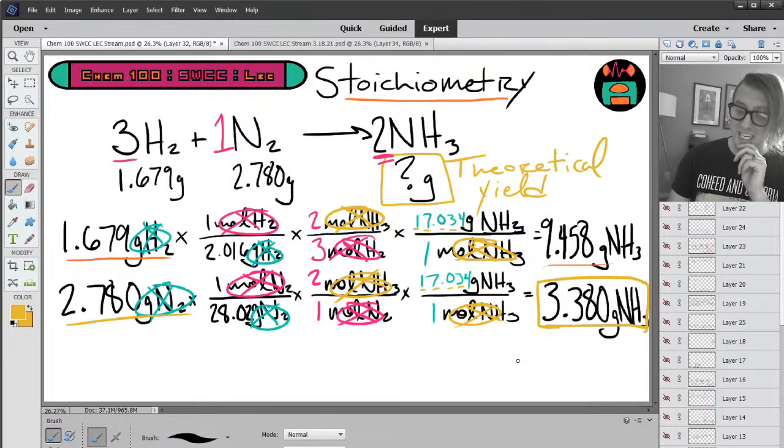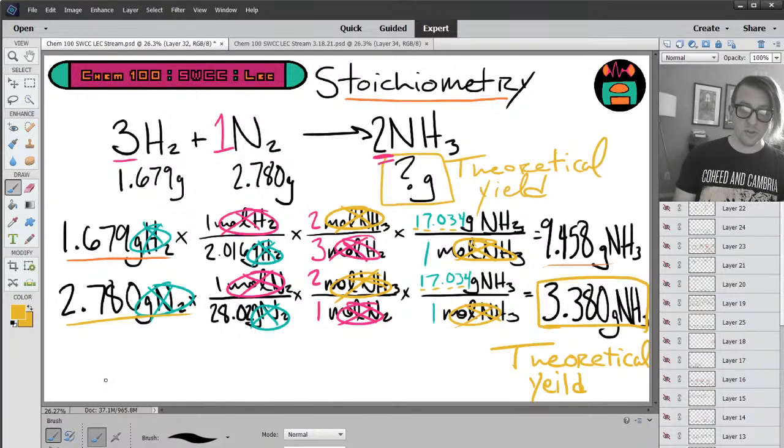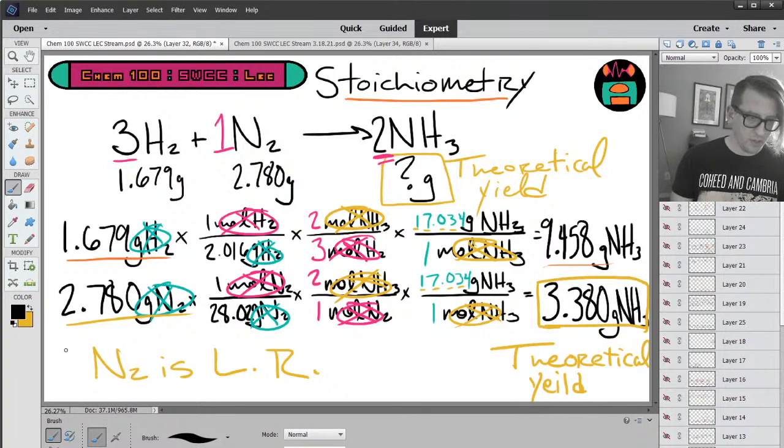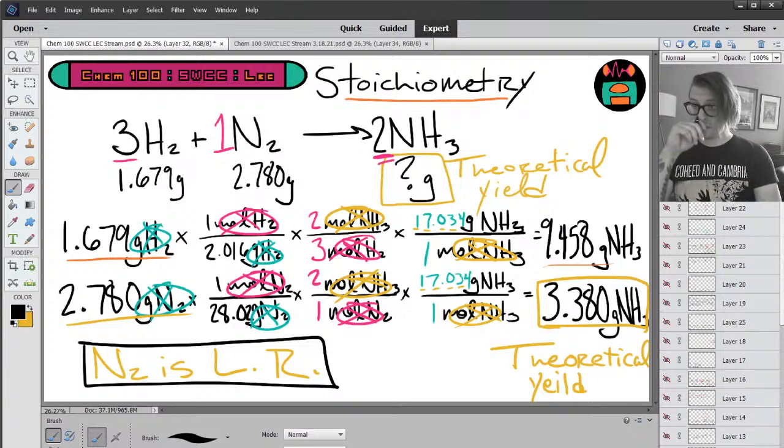So this is our theoretical yield for this reaction. Our theoretical yield is 3.380 grams, and nitrogen is the limiting reactant, all right? Otherwise abbreviated as LR. Okay.